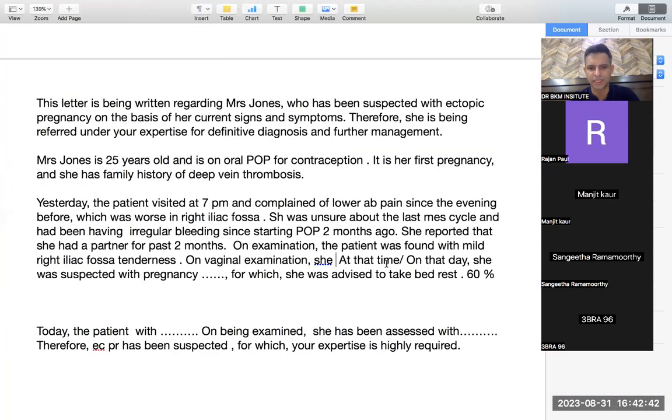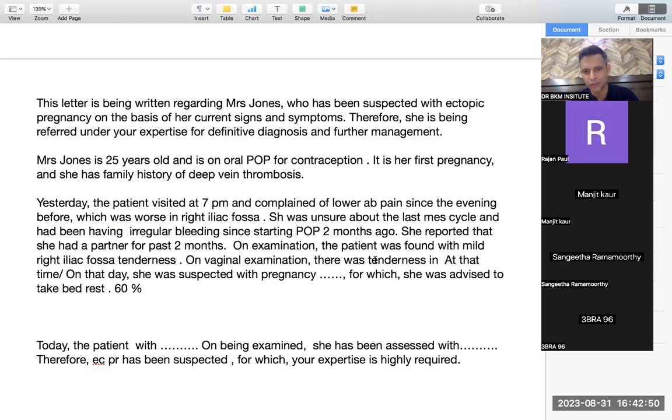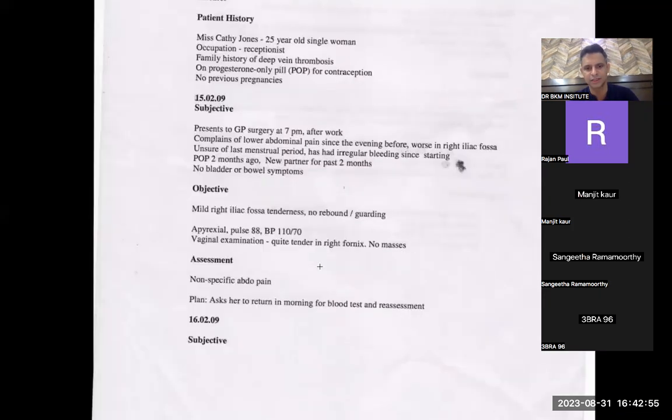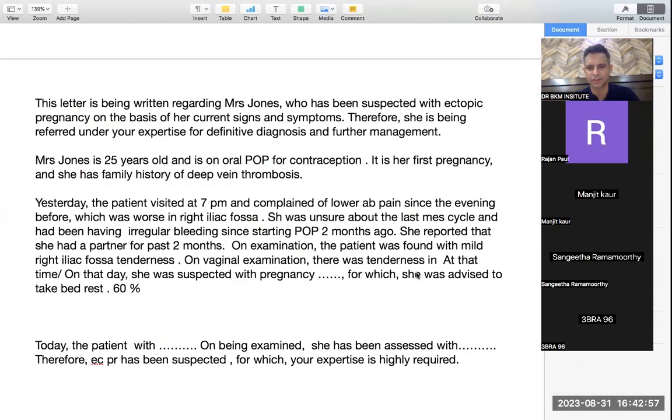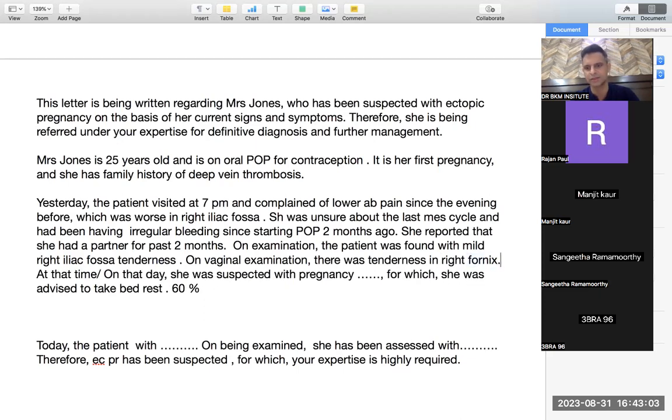Tenderness. So make it very simple. Quiet word is not very important. There was tenderness in the, so the only grammar I have added is there was. On examination, there was tenderness in the right fornix. Same pattern, no changes.